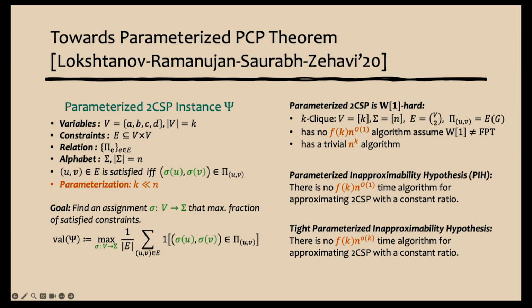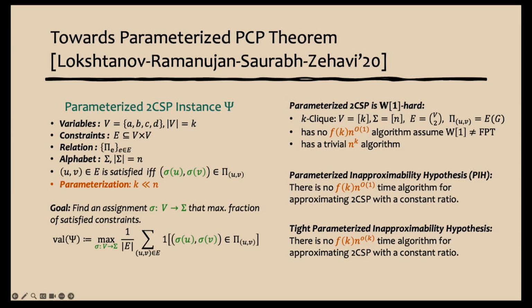The parameterized PCP theorem, also known as the parameterized inapproximability hypothesis, PIH for short, says that there is no FPT algorithm that can approximate 2CSP within a constant ratio.